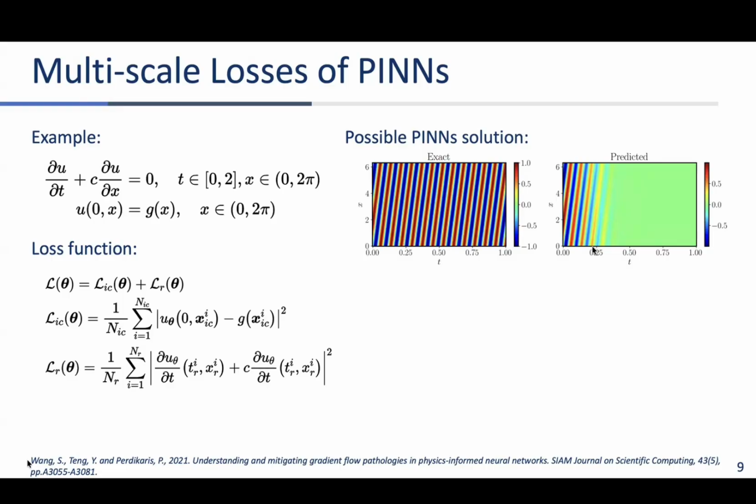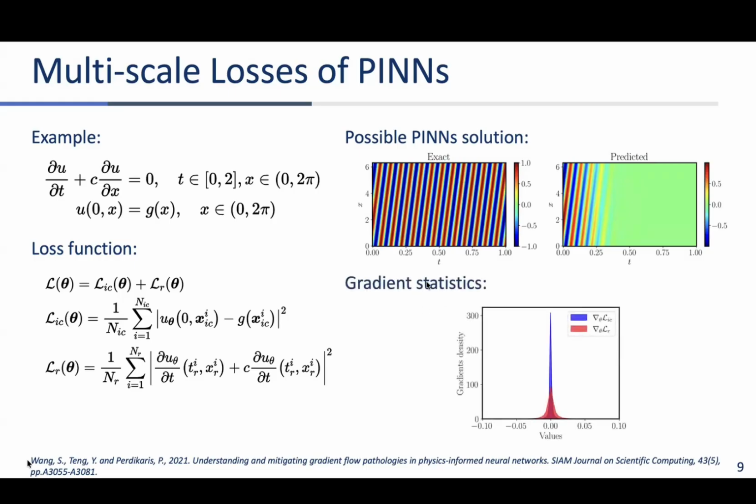So what's the reason behind that? If we want to explore the fundamental issue, we may want to check the backpropagated gradients. In the figure below, I visualized a histogram of the gradient distribution of each individual loss. The red part is the gradients of the PDE residual loss, and the blue part is the gradients of the initial condition loss.